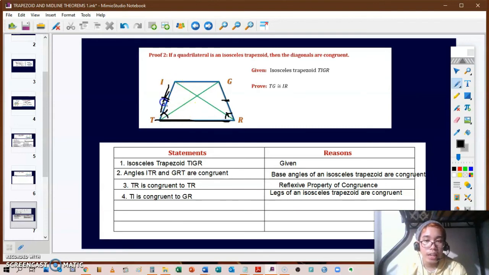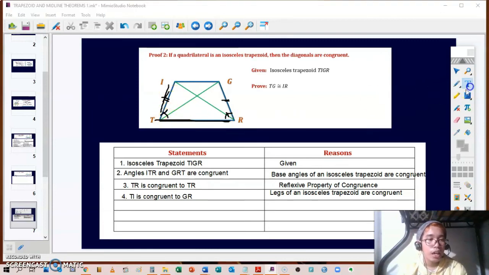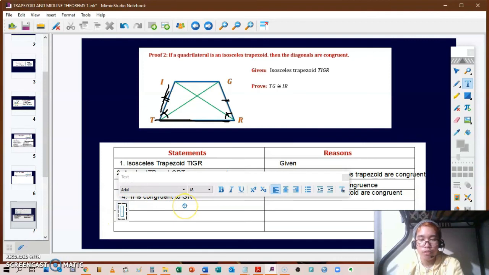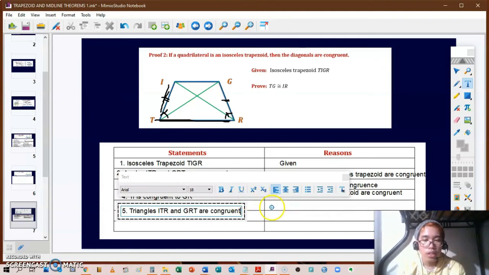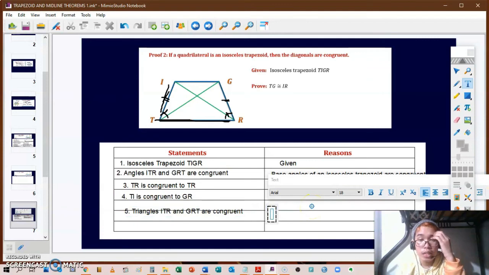Therefore, using the SAS, the side, the included angle, and the other side, we can say here for number 5 that triangles ITR and GRT are congruent to each other. Number 5, using the ASA triangle congruence postulate.